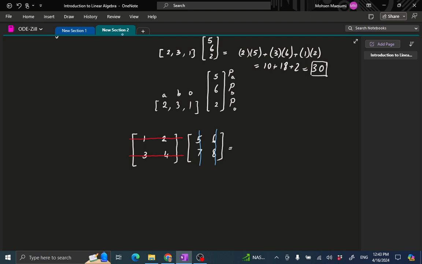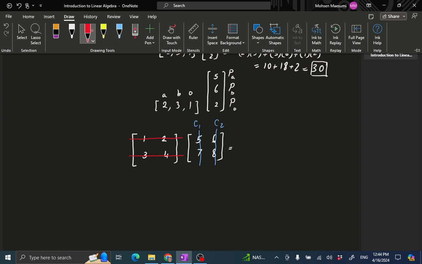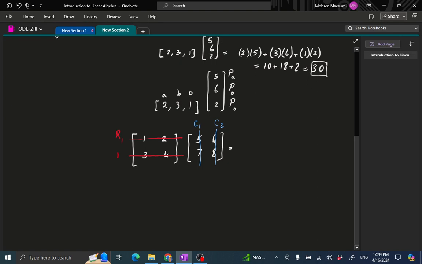So column 1, column 2, and then here is of course row 1 and row 2. How do we multiply them? We multiply each row with each column according to this dot product that we had here, and then arrange the output in a location that is inherited from the row and column position.